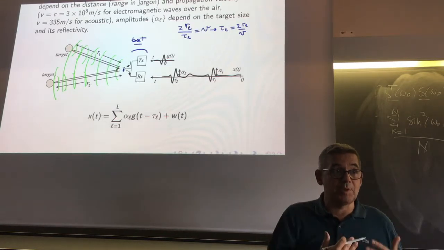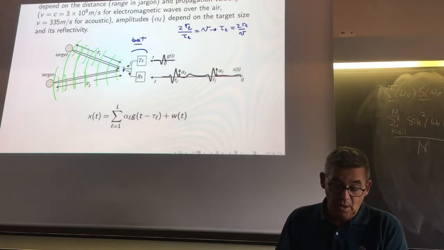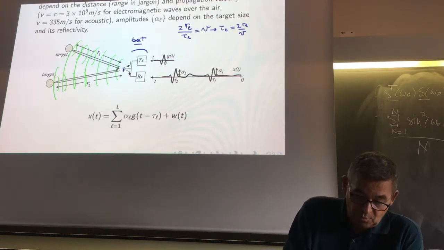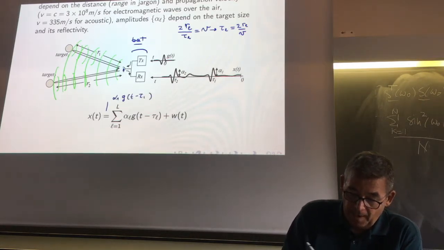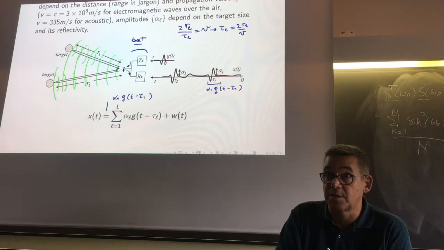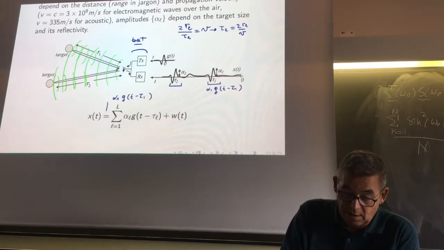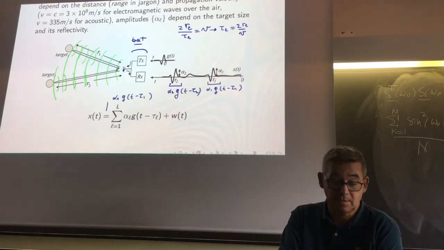So, I make a nice experiment and I receive an echo. This is similar to writing alpha 1 g of t minus tau 1, where tau 1 is the delay, plus alpha 2 g of t minus tau 2, plus many more.